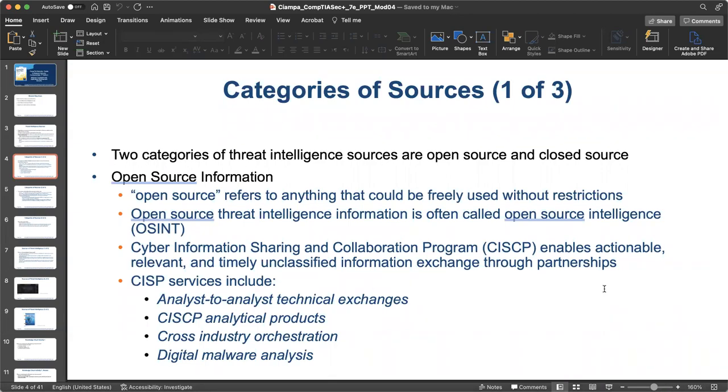Last but not least is digital malware analysis, in which suspected malware can be submitted to be analyzed by CISCP and then used to produce malware analysis reports to mitigate threats and attack vectors across the entire industry.